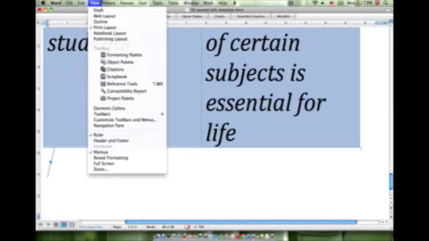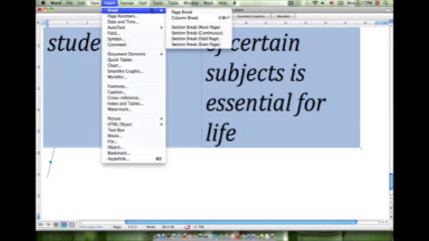Now let me insert a page break here. Okay.